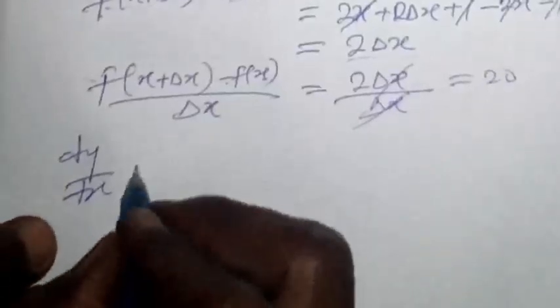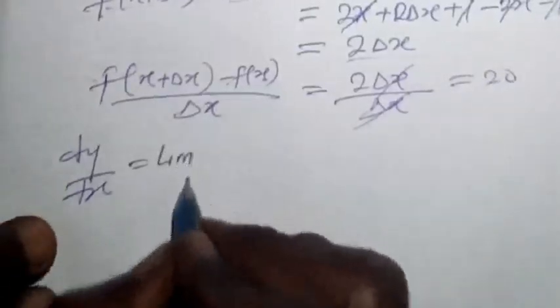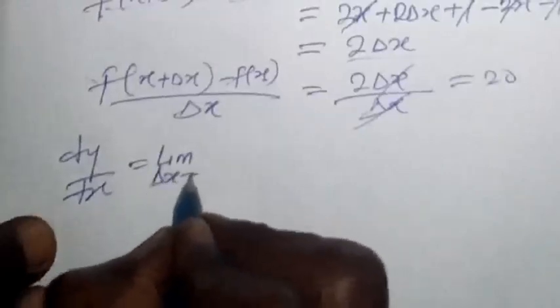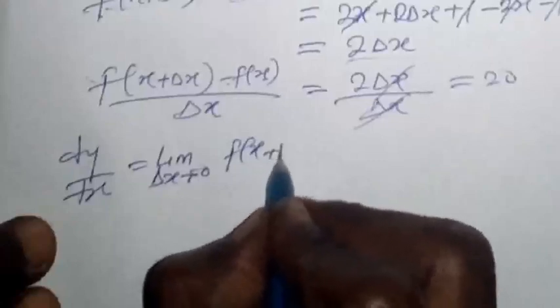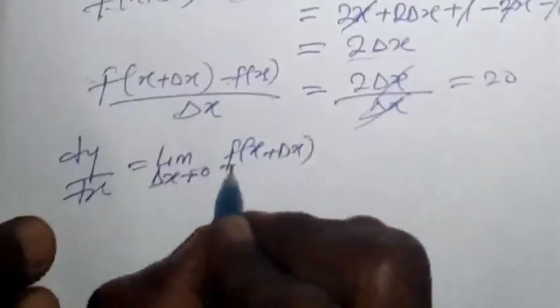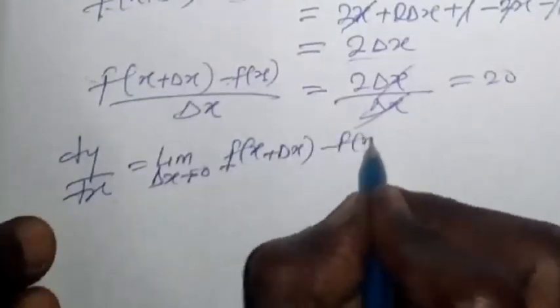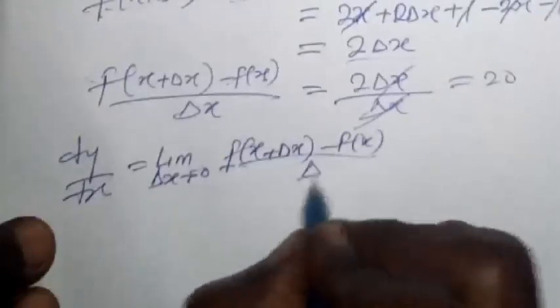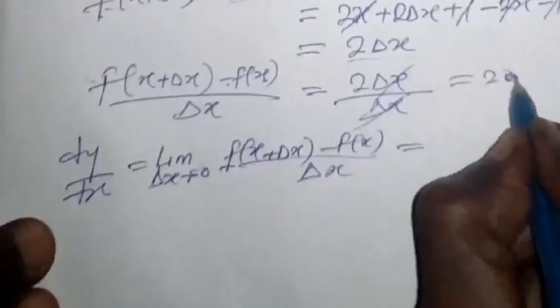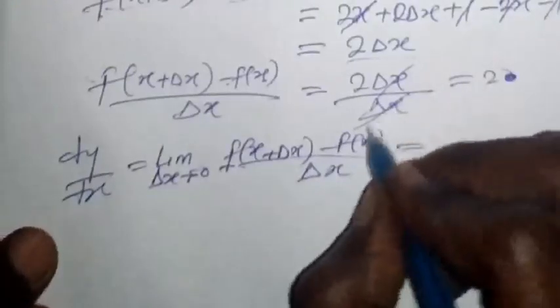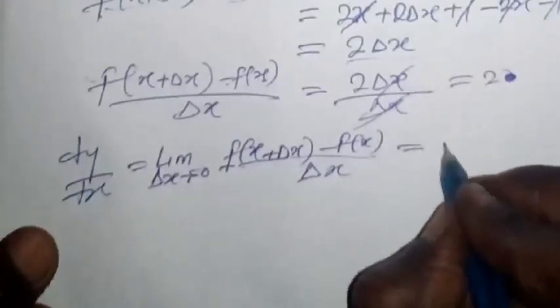Our dy dx is equal to the limiting value as delta x tends to 0, of function of x plus delta x minus function of x, all over delta x, is equal to... sorry, there is no 0 here, it's just 2. This 2 cancels this 2, which is equal to 2.